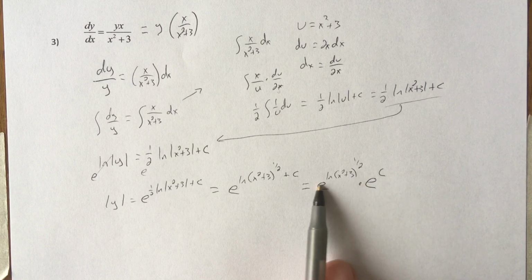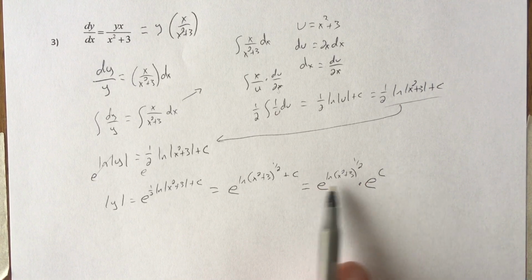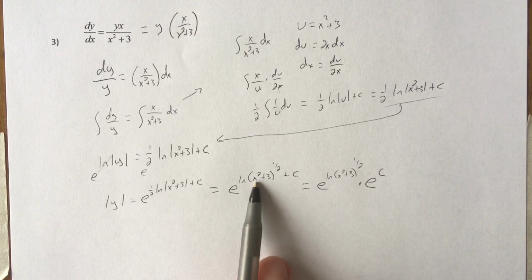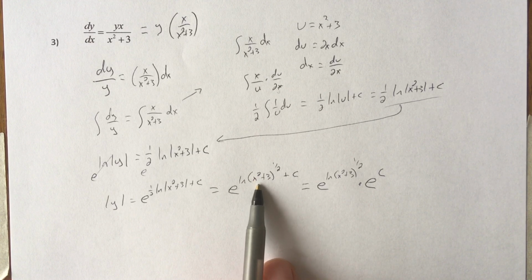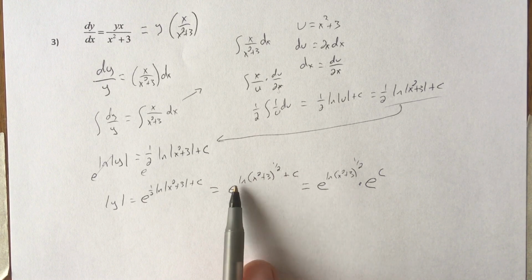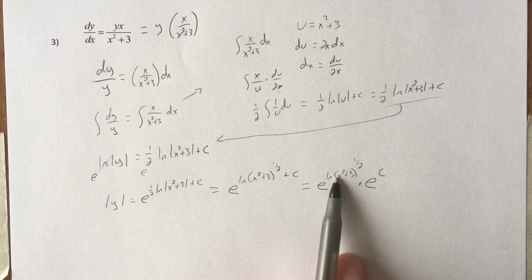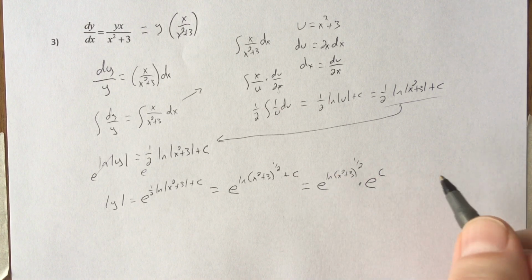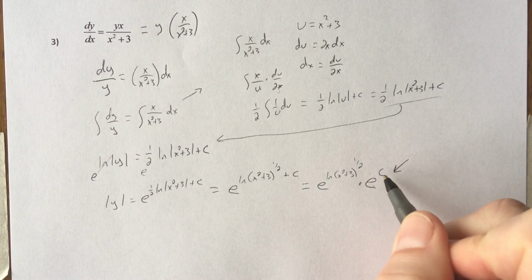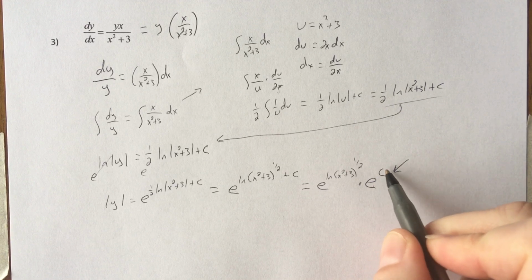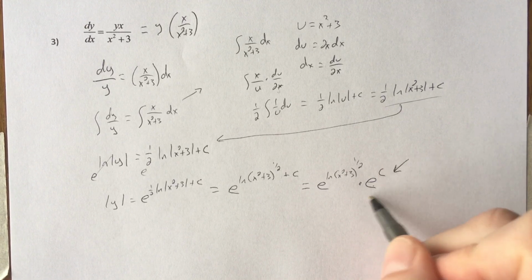We're used to combining it the other way, taking two bases and adding the exponents to get to here. They're going backwards. Instead of adding the exponents to get to a single base, they split it like this. Now the reason they do that is because e to the c is a number, so this will also be a number.